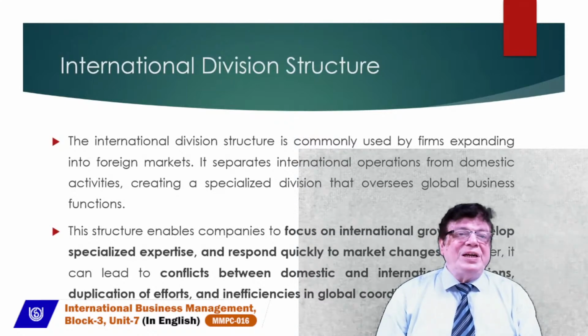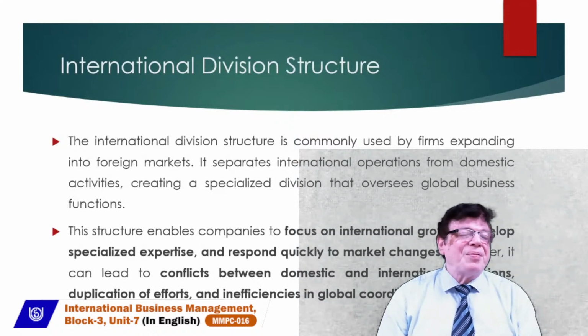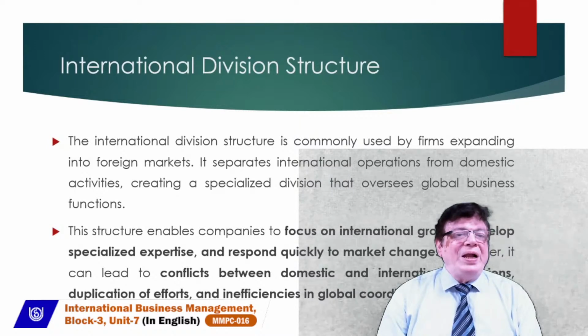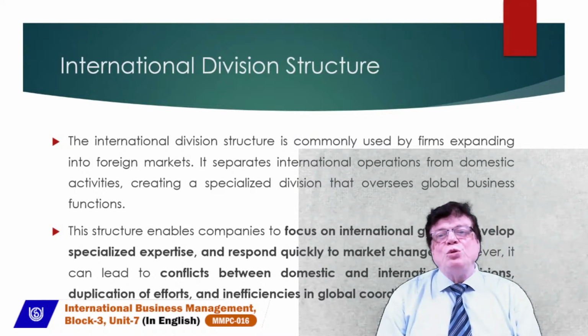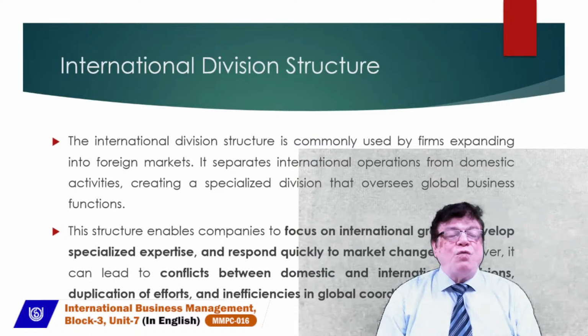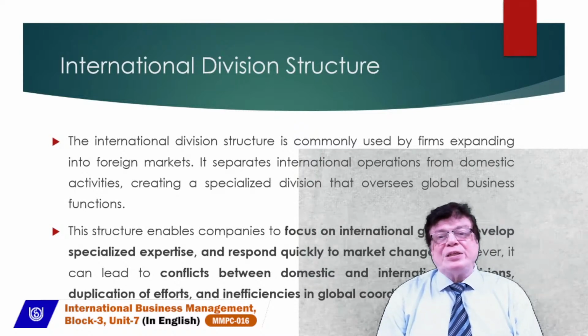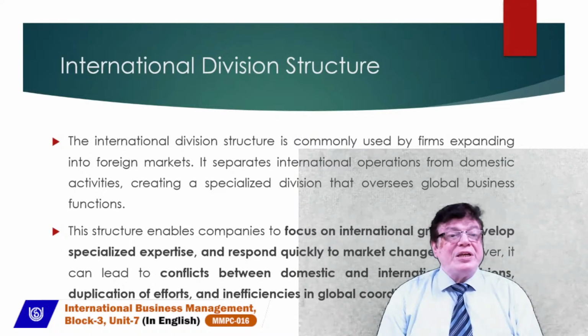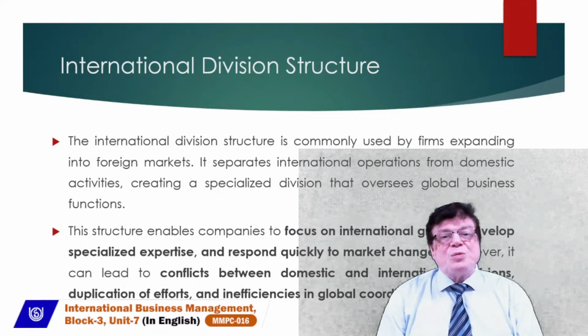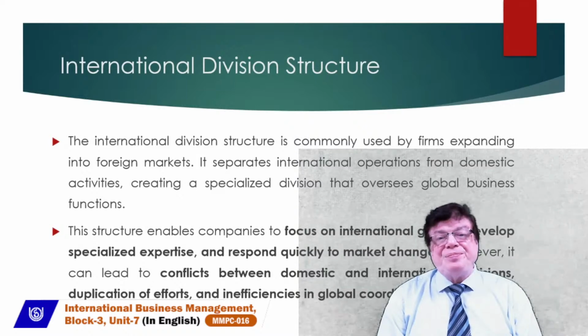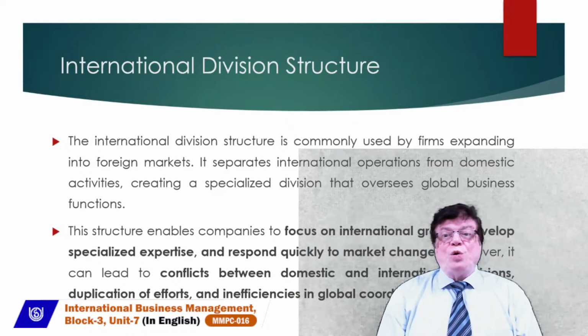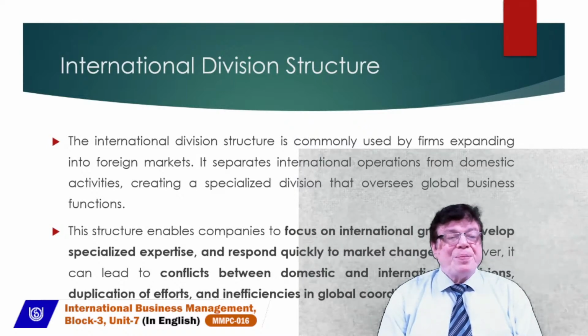Now, next is international division structure. The international division structure is commonly used by firms expanding into foreign markets. It separates international operations from domestic activities, creating a specialized division that oversees global business functions.